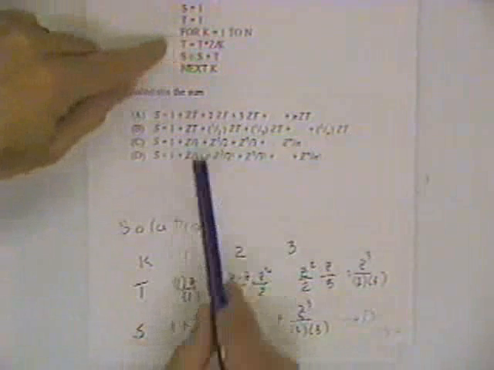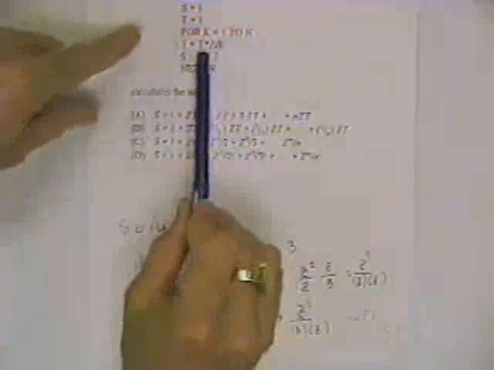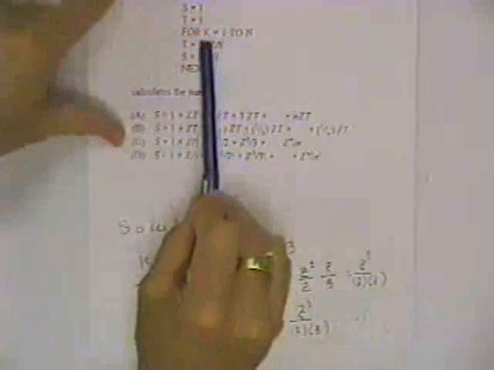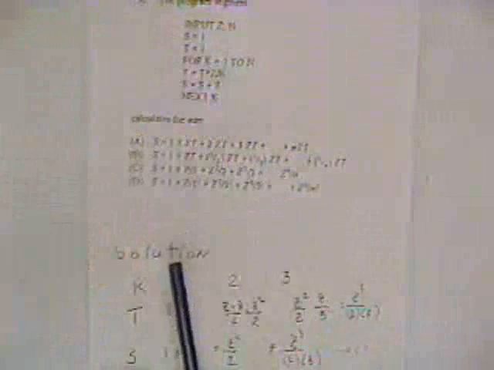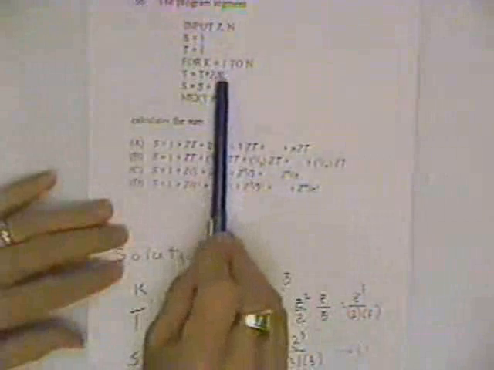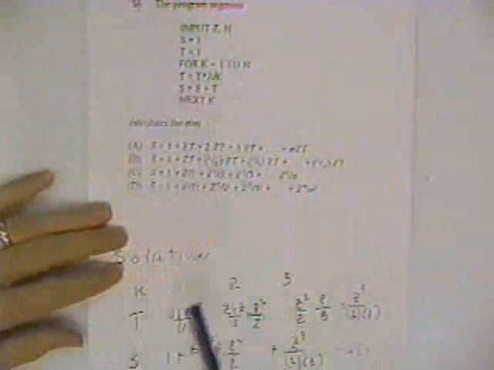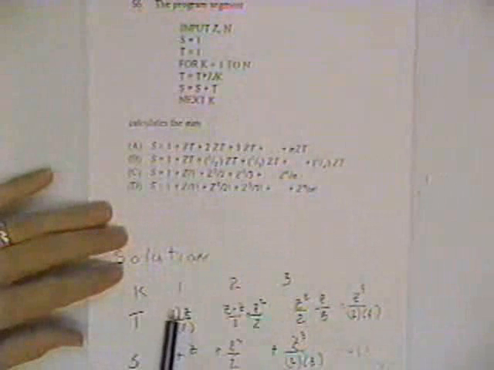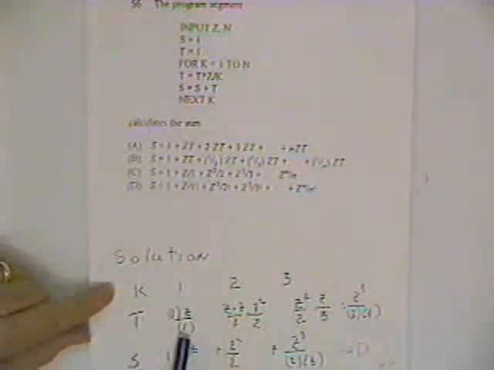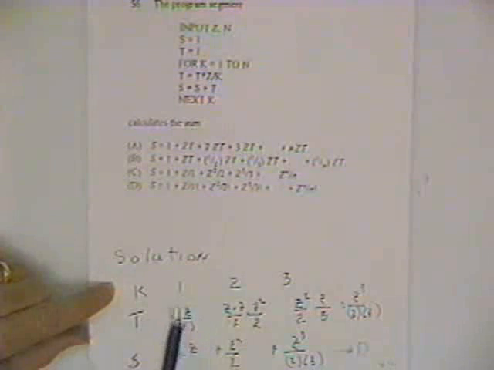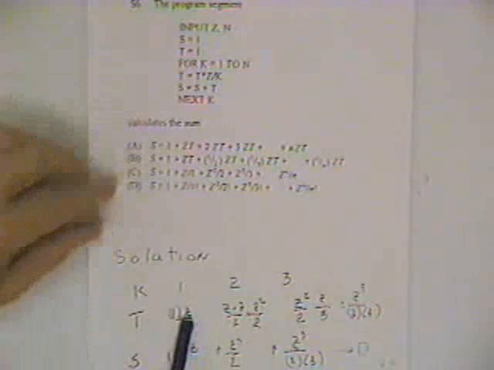It'll calculate t by evaluating what's on the right-hand side of the expression, and that is the value of t, which begins at 1, times z, which is a variable that we don't know the value of, divided by k, and at that point k is equal to 1. So at that point t is assigned the value of t, which is 1, times z, divided by k, which is equal to 1. So then the value of t is equal to z.